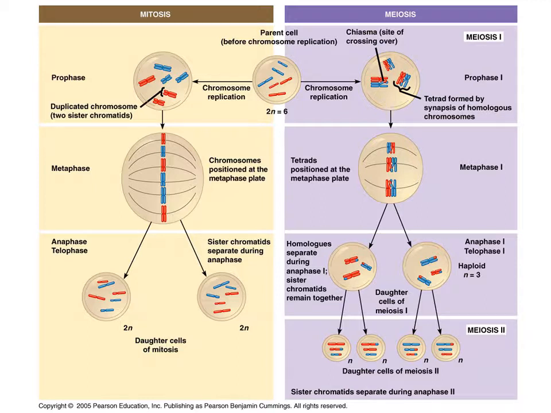Now instead of random chromosomes lining up on an imaginary plane, you're going to have tetrads lining up on an imaginary plane. Then you're going to go to anaphase, where we're going to split this tetrad. You're going to split this tetrad in anaphase 1, and then you're going to take it through meiosis 2, and in the end you'll see that you have half the number of what you started with.